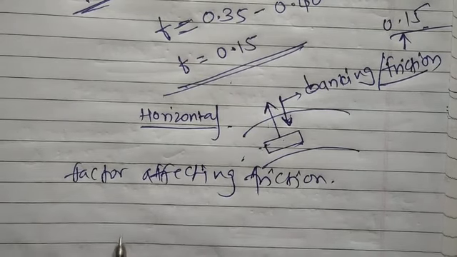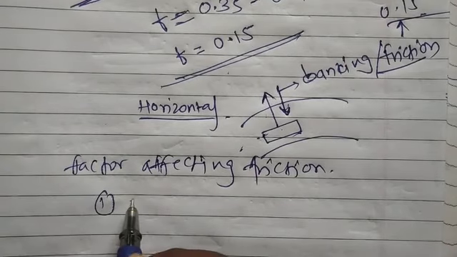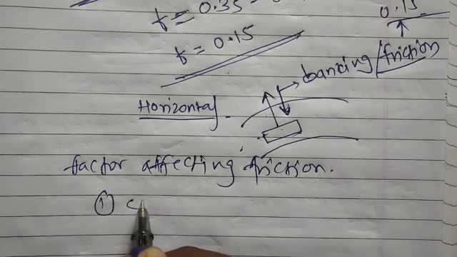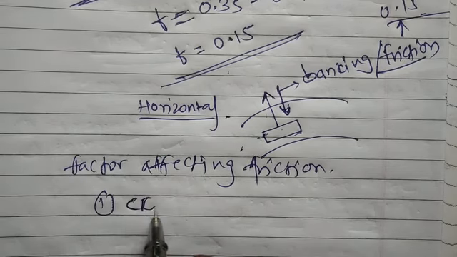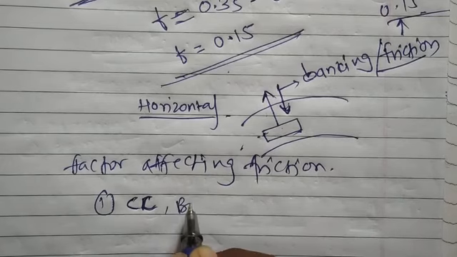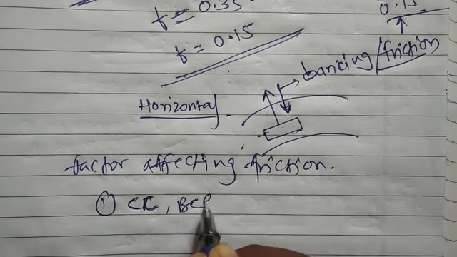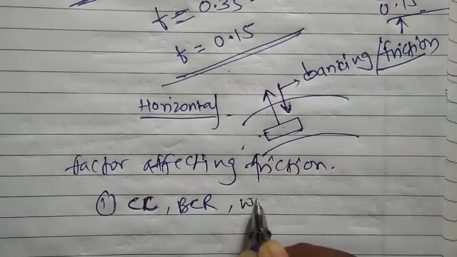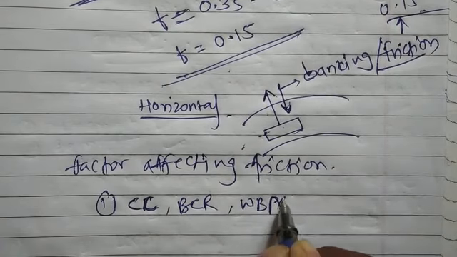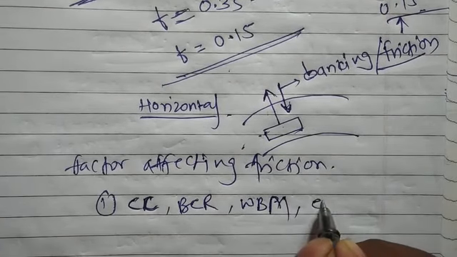Type of pavement is the first factor which affects the coefficient of friction, whether it is a cement concrete road or bituminous road, CC road, cement concrete road, or bituminous concrete road, or WBM road, or earth surface.